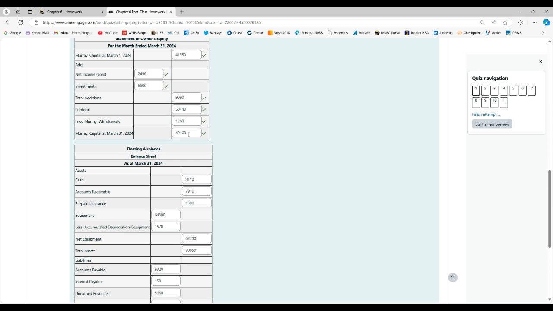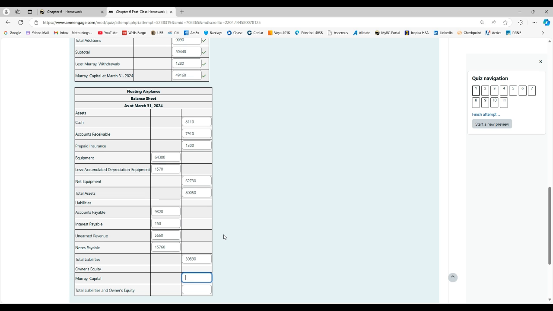And remember, like I said, this just carries down. And then we're going to add the equity and liabilities, or the capital there. 49,160 plus 30,890 gives us 80,050. So that's a good sign.